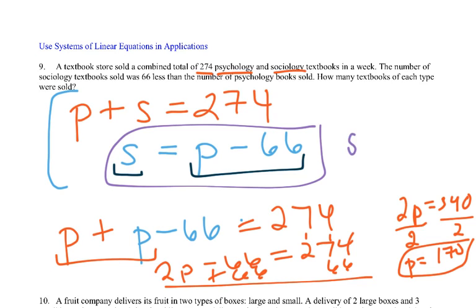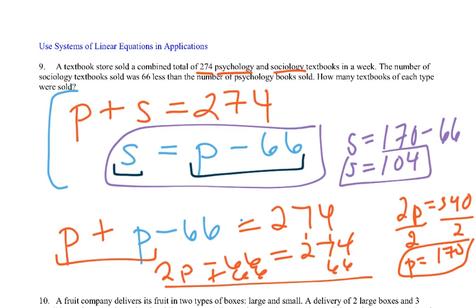So we know that sociology textbooks equals the psychology textbooks minus 66. So that's going to be 170 minus 66. 170 minus 66 gives us 104. So there are 170 psychology textbooks and there are 104 sociology textbooks.